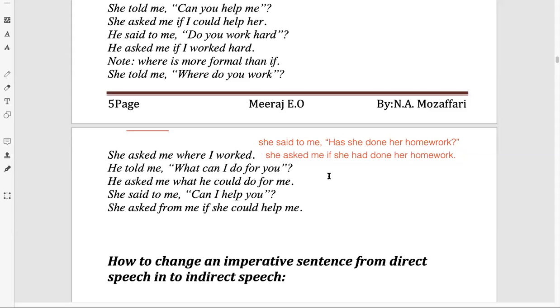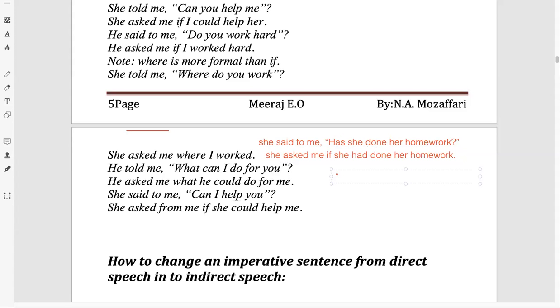Another example here. So, for example, the reporting verb is always she asked me. She asked me if she had finished her homework. She asked me if she had done her homework. The verb is done here. Okay.